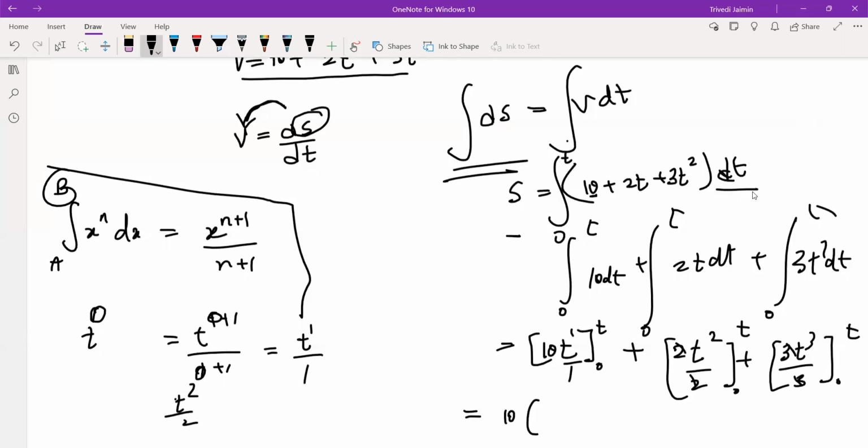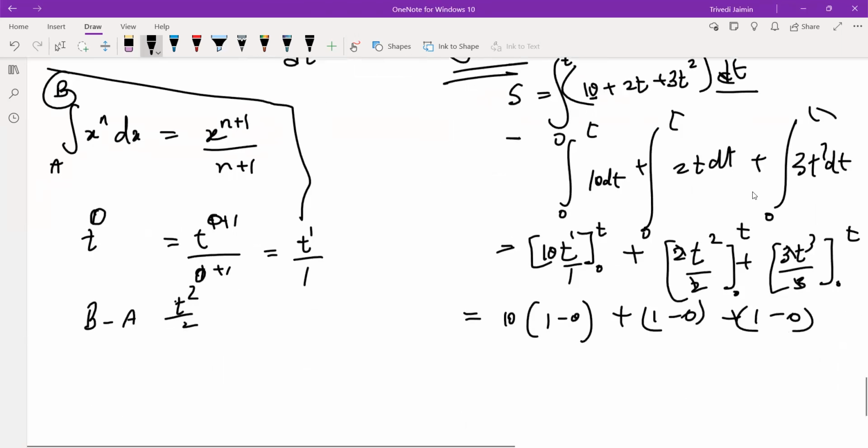B is the upper limit, so we substitute B minus A. So t to the power 1 gives 1 minus 0, plus 1 minus 0, plus 1 minus 0. So it will be 10 plus 1 plus 1, that is 12.